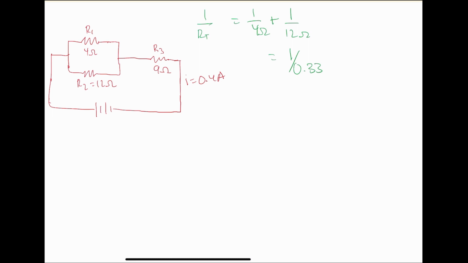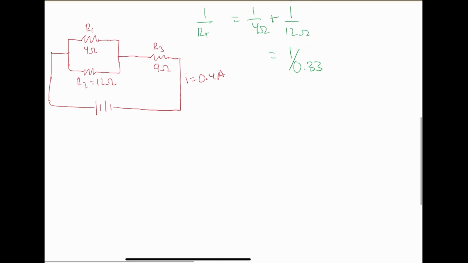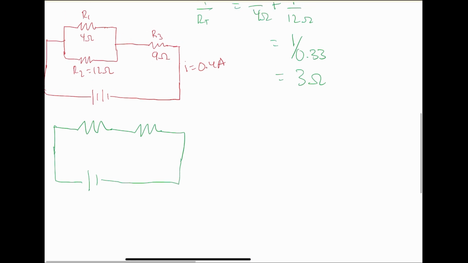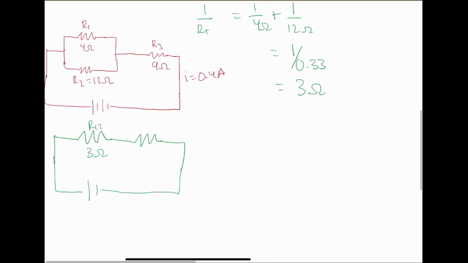So 1 divided by whatever we get here, and then our RT would be 3 ohms for this. So if we redraw the circuit, it would look like this now. It's 3 ohms. This would be R1 and 2. Then R3 will still stay 9 ohms.